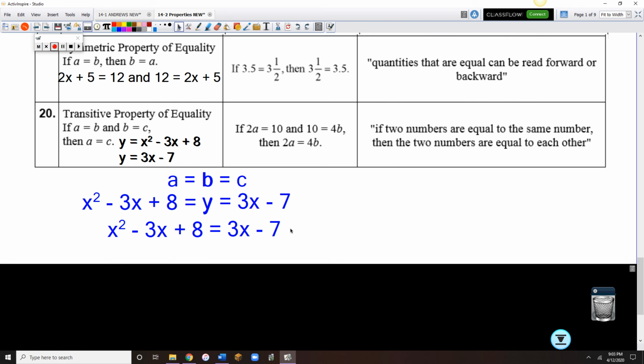And this becomes an equation that you can solve. So that's what transitive property of equality is going to mean. Now they give a more simplistic example up here, but again, I wanted to provide you guys with examples of properties that you would have actually seen and used.